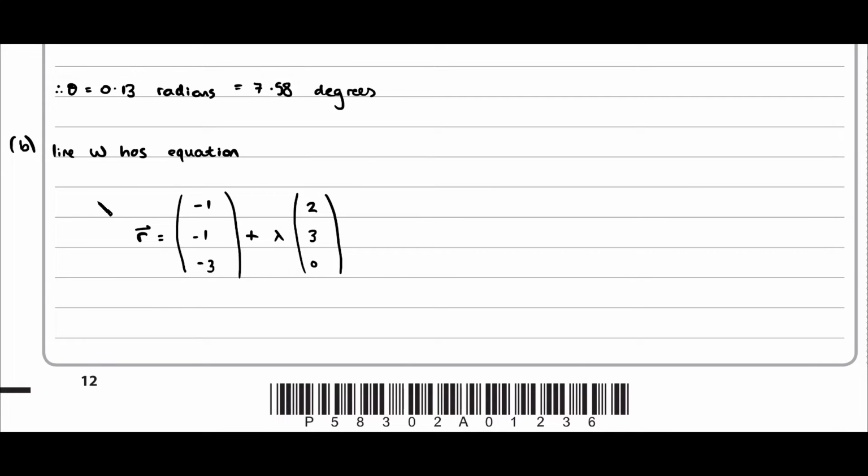So first of all, for part B, the line W has equation R equals, we have a general point -1, -1, -3, plus lambda, lots of 2, 3, 0. So hopefully that makes sense.